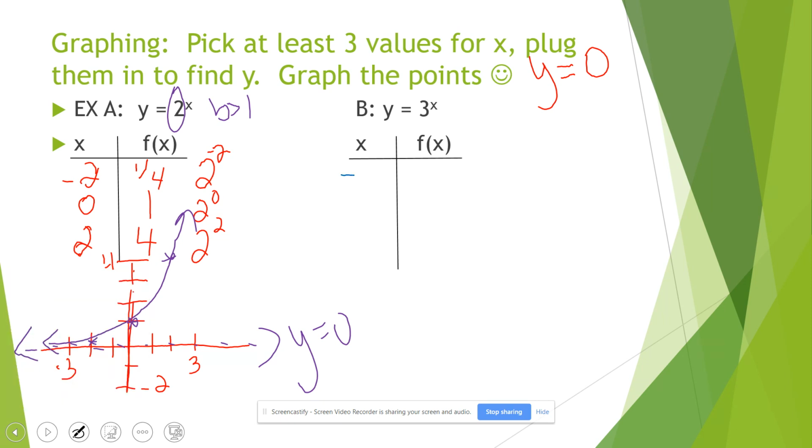All right, so I'm again going to pick -2, 0, and 2. 3 to the -2nd power is 1/9. 3 to the 0 power is 1. And 3 squared is 9.